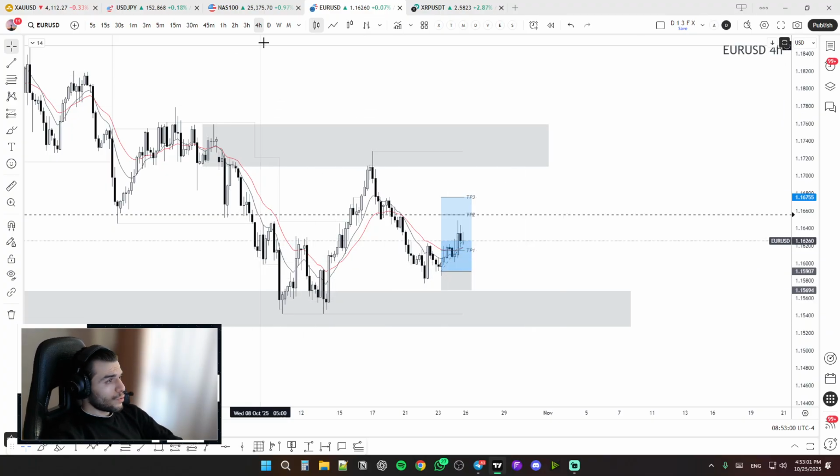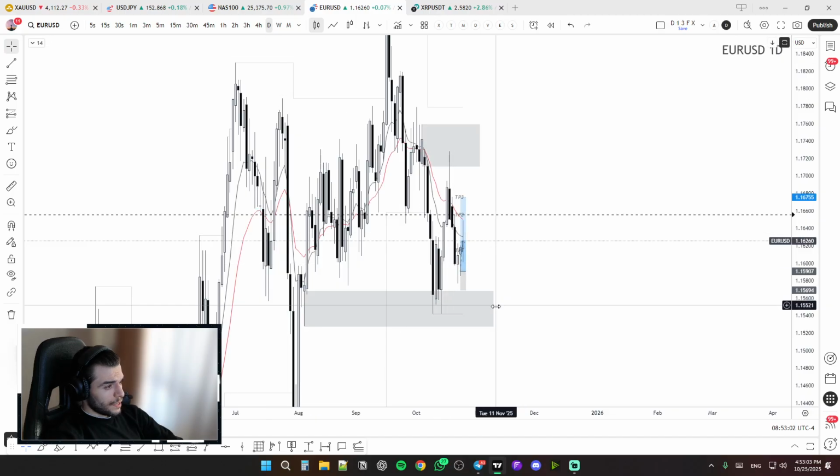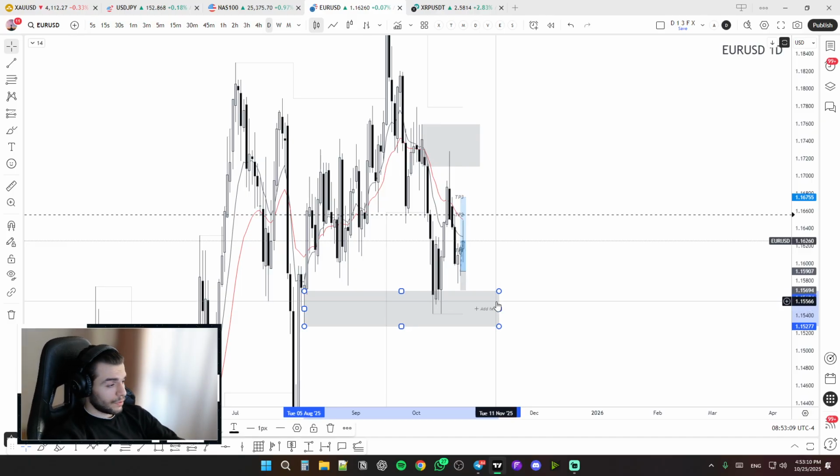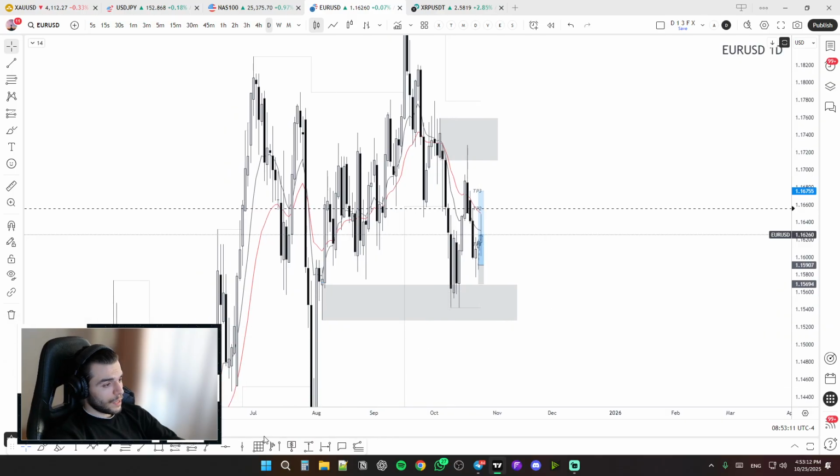First of all, it was important for me to see the market reacting from this level of demand in a positive way, in a trend direction way. And we have seen that the market reacted. There's a bit of accumulation here, like one, two, three, four candles sticking on that level.